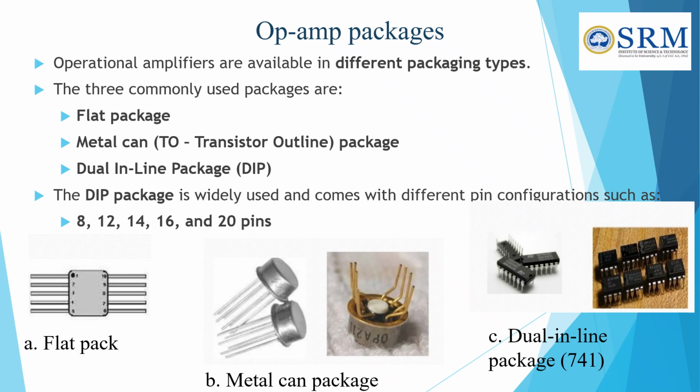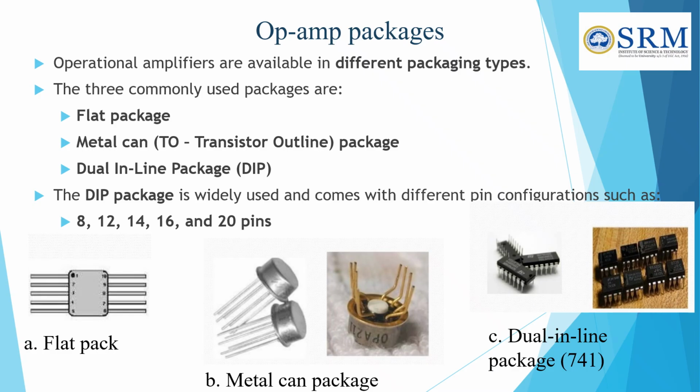Apart from the internal circuit, op-amps are also available in different physical forms, known as packages. The first type is flat package, which is compact and used in specialized applications. Next is the metal can package, also called TO package, which looks similar to transistors. The most commonly used one is DIP package, which is easy to mount on circuit boards.